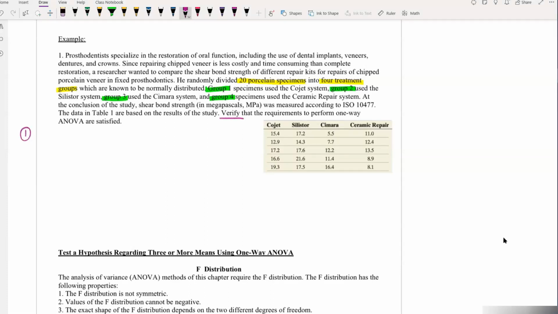Number 1, these were randomly assigned to 4 treatments, because here we have 4 groups, and for each one we have 1 treatment, so they were randomly assigned to 4 treatments.